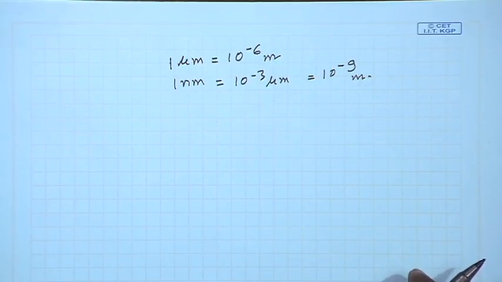Now, when it comes to the small length scale, the surface area becomes enormous, and the surface area will dominate the situation compared to the volume. So, that is one characteristic of microfluidics. That means surface dominated phenomena are very important over here.